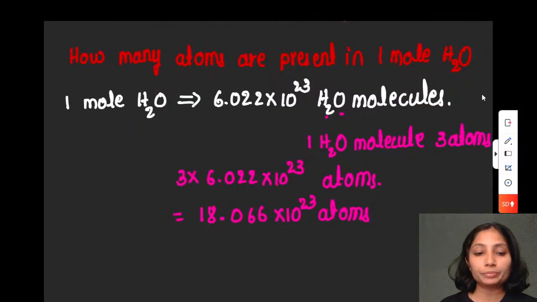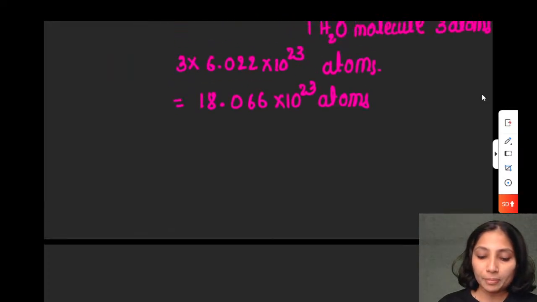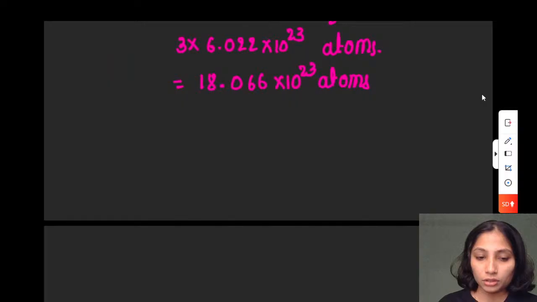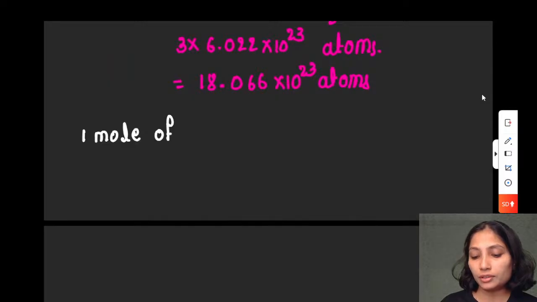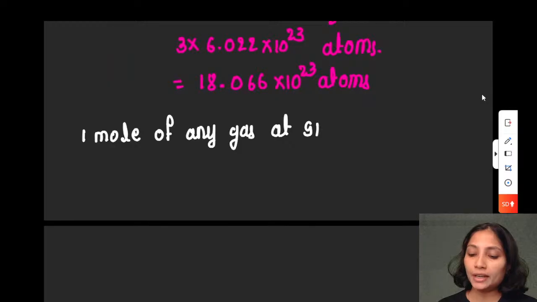Next, let us solve in terms of volume. If I say 1 mole of any gas, that may be hydrogen gas, that may be carbon dioxide gas, that may be oxygen gas, consider any gas, 1 mole of any gas at standard temperature and pressure, STP, occupies 22.4 liter.